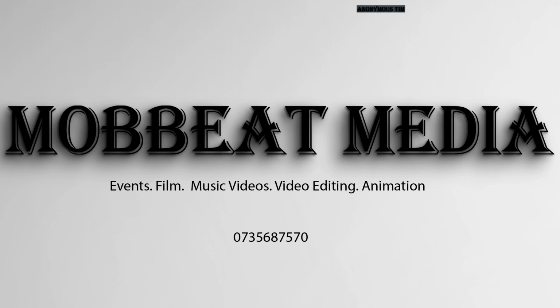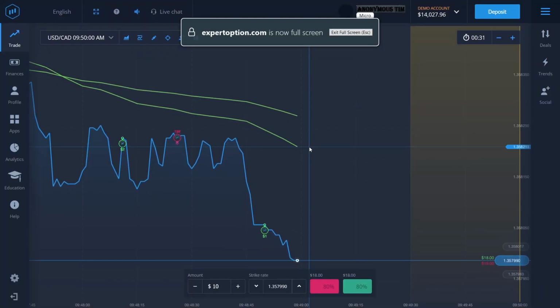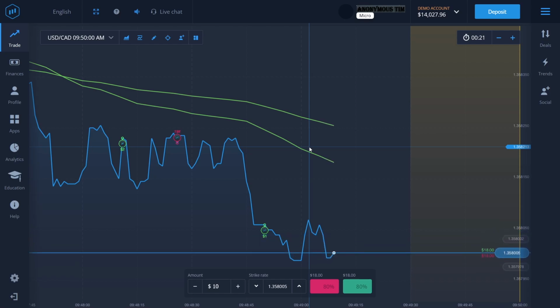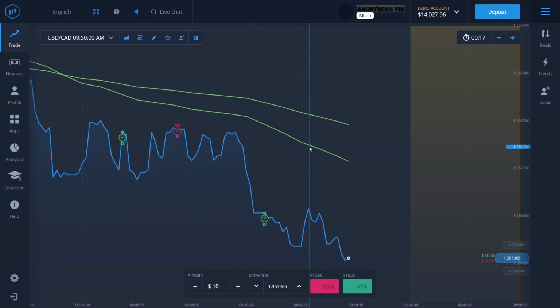Definitely it closed itself out because I haven't placed a trade. Like I was saying, if you've deposited like $10, trade with like a dollar a day. If you make a profit from that dollar, trade with another dollar. If you make a loss, make sure that your loss does not go beyond $7.